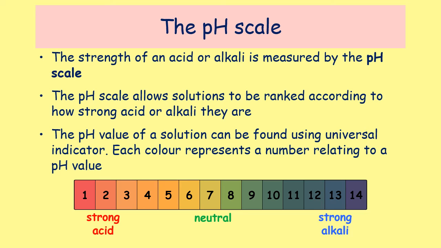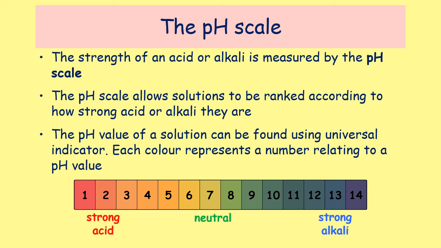Now 1 represents a strong acid, 14 represents a very strong alkali, and neutral is 7 and only 7. So each colour represents a different one of these numbers, but red is a strong acid, purple is a strong alkali, and pH 7 is neutral.